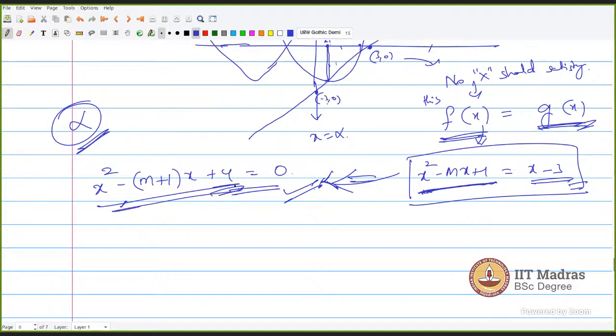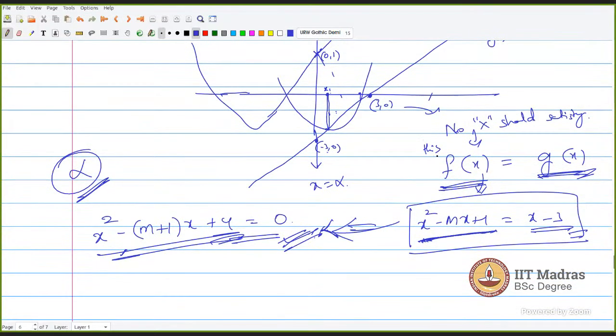Ultimately, we have to find a value of m such that this quadratic equation has no real roots. If it has no real roots, there will not be any point at which these two functions intersect. Got it?